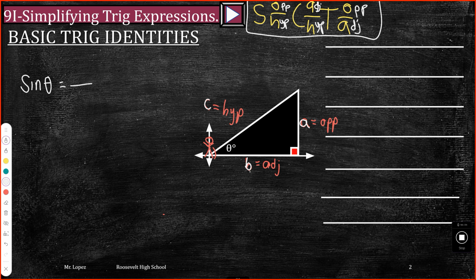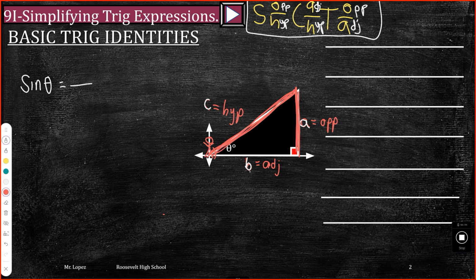All right, in any case, too much talking. Sine of theta is just the ratio of one of the sides of a triangle to another side. So it's the ratio of the opposite side length over the hypotenuse. Since I did not put a number there, it's a letter.